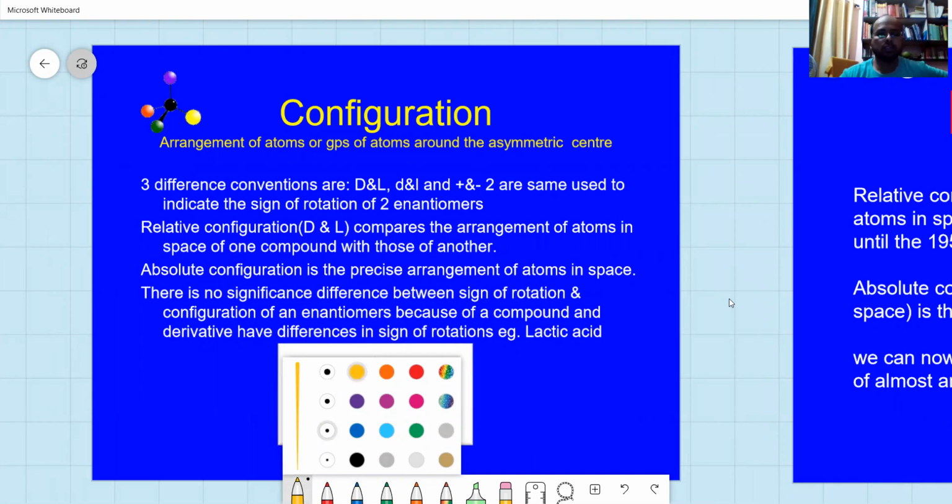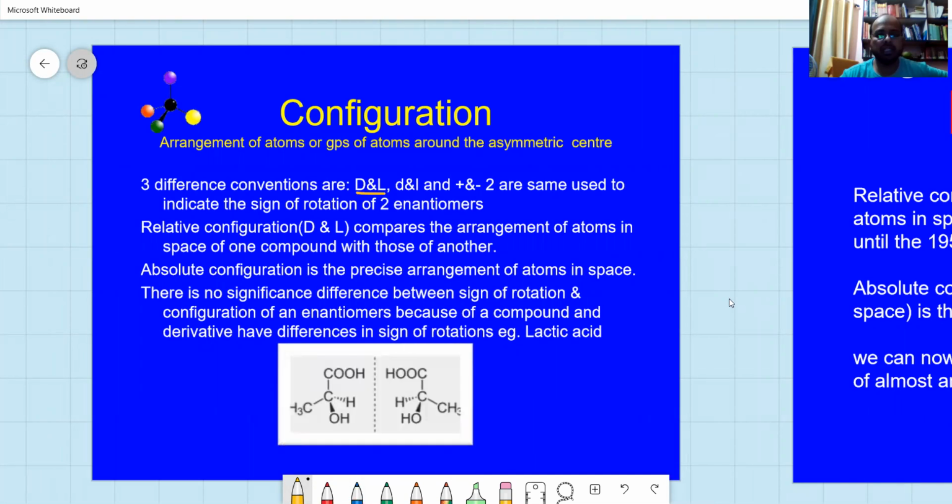Okay. So here they describe D and L configuration, and plus and minus. This depends on the optical activity, the rotation. When it is rotated to the right, you define that as plus, and when it is rotated to the left, minus.